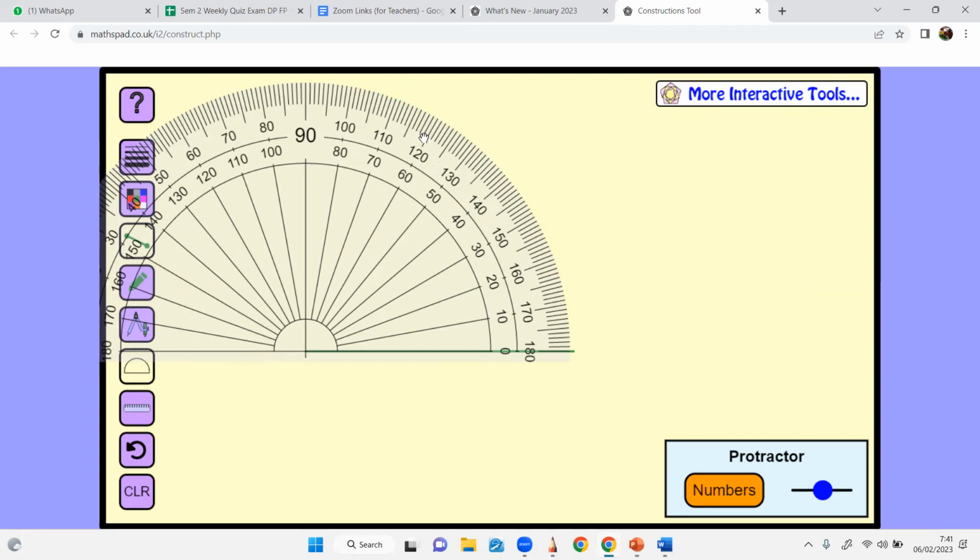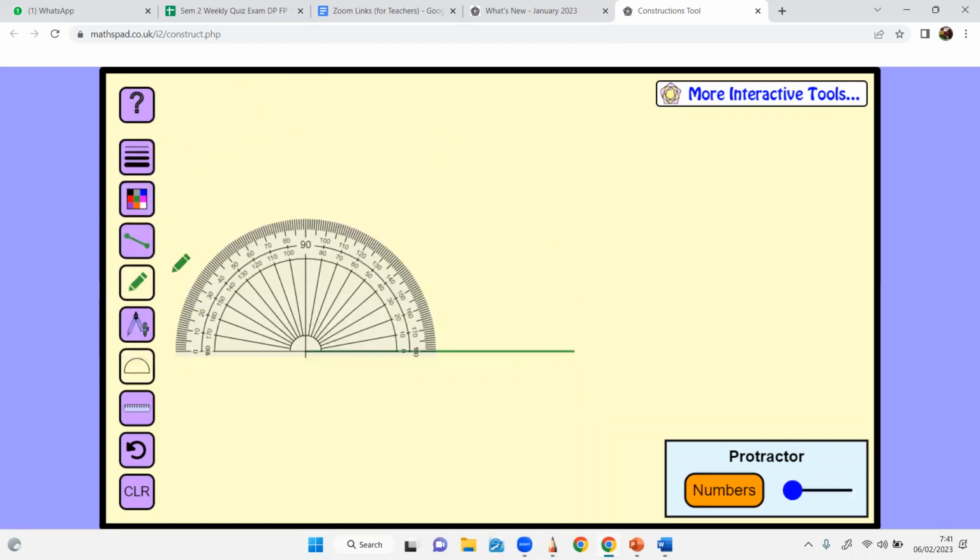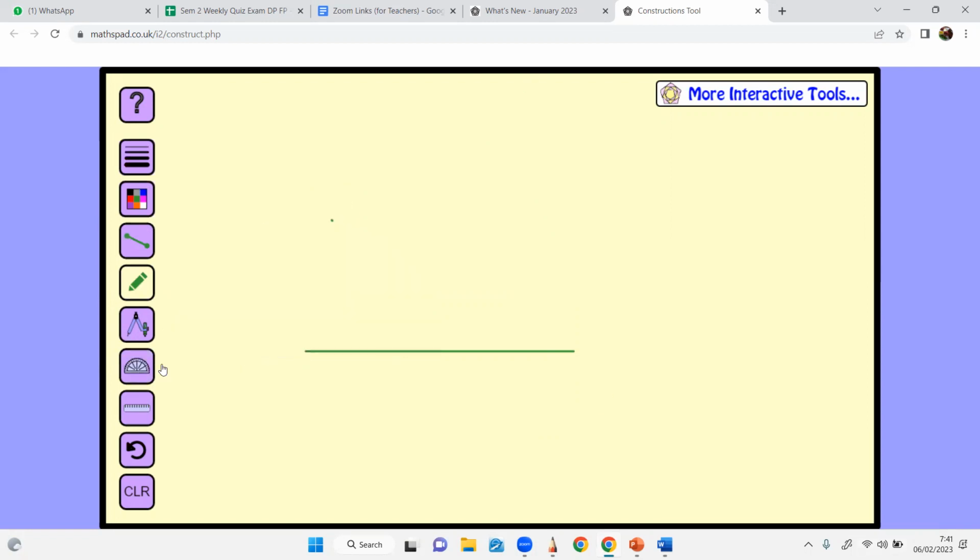If you want to look in more detail, 70, 75, 78 here. Wait, make it a bit smaller. It's the same actually. 78 about here. Okay, and then extend. There you go.